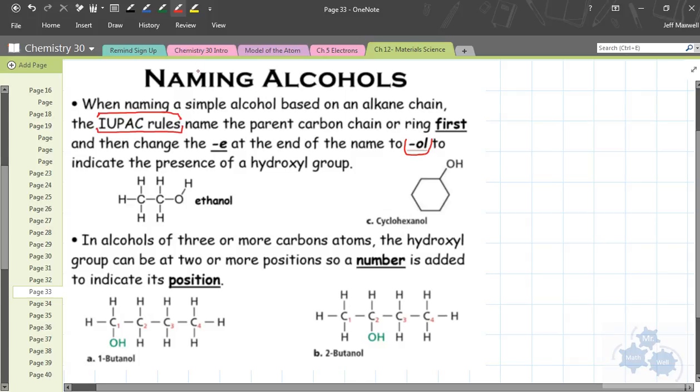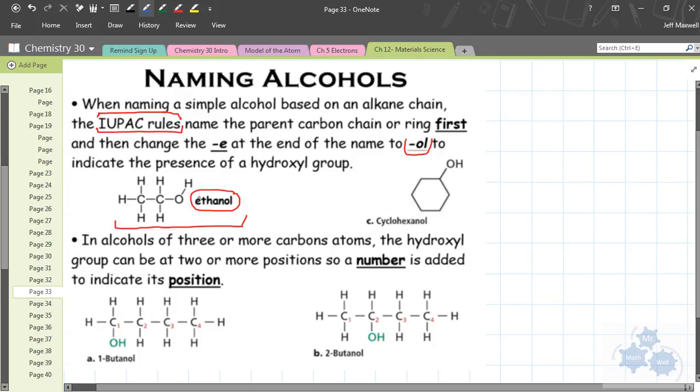So you can look these rules up, and they're online and in your textbooks. Okay, so again, we have another simple alcohol here. If you drive a car, if you've ever filled up the gas tank, you may have seen ethanol blend fuel. There's ethanol in fuel. So this is the structure for ethanol.